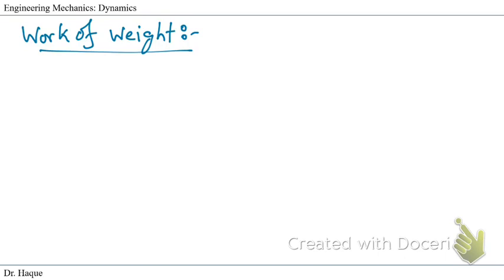We'll go back to our dot product concept. We defined the work from point 1 to point 2 as a dot product between force and distance.